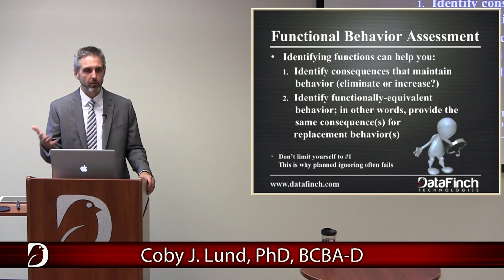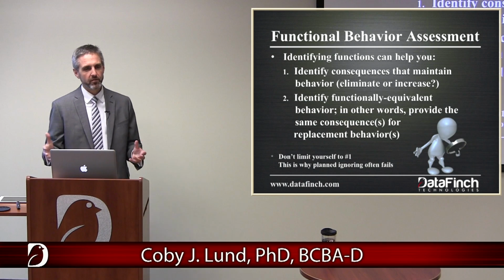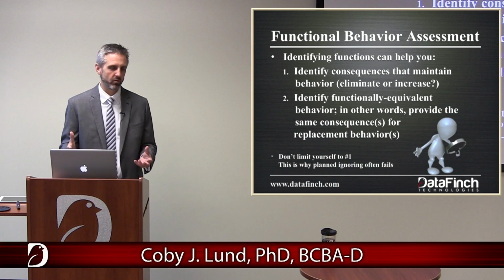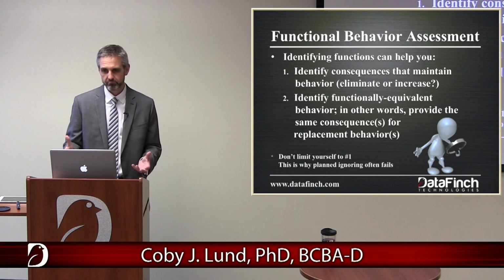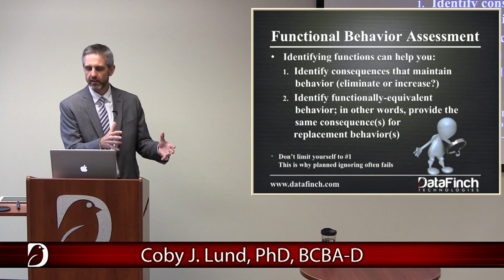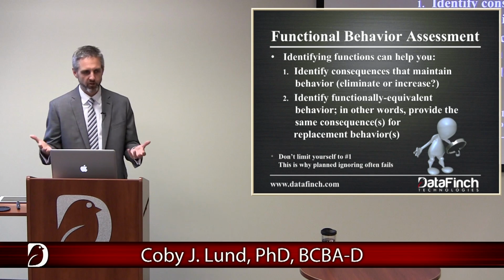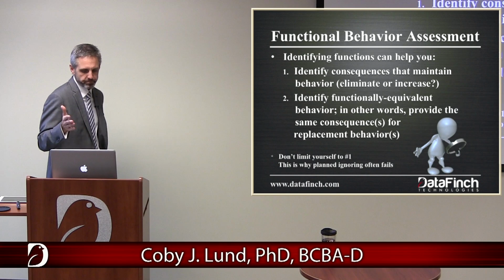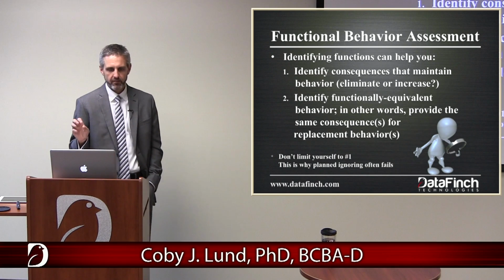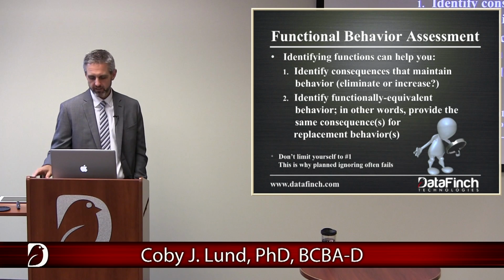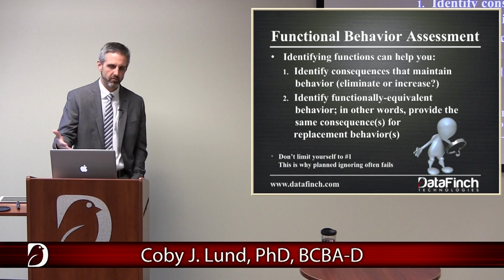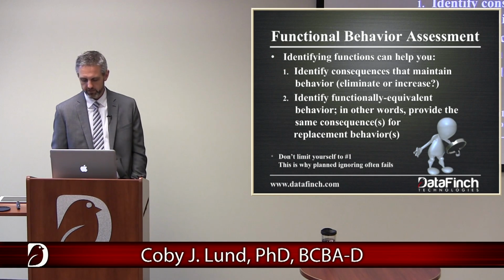Now I've got to attend to it. And what did I just do? If that's an attention behavior, what did I just reinforce? Escalation. Literally, one little teaching trial. I just taught you, don't mess with the little stuff. You need to take your clothes off and run out into the street. So planned ignoring can be a pretty tricky strategy. It can absolutely work in the right circumstances, but I think in some cases it's sort of over-applied and therefore leads to problems.